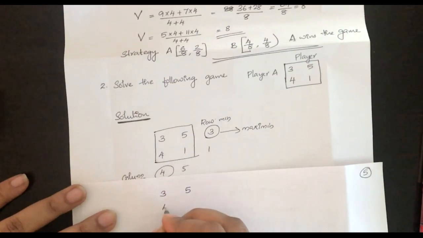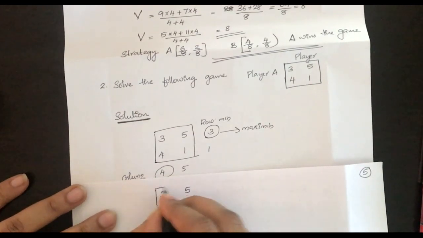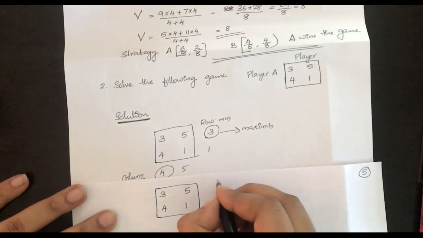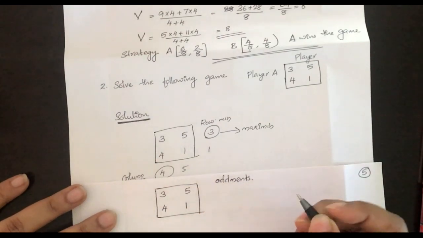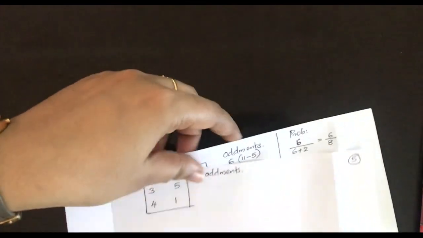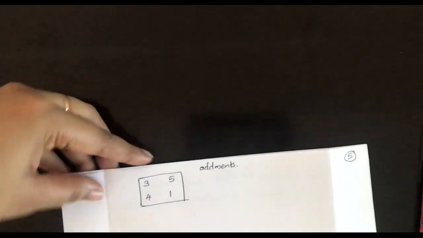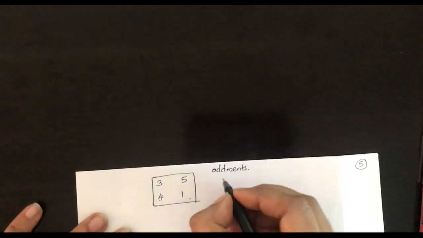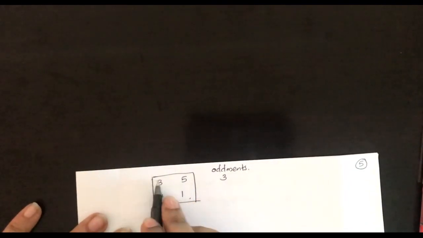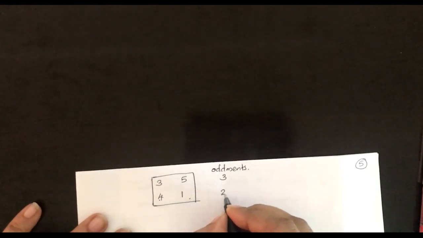3, 5, 4, 1. Next we need to find the oddments. First I am going to find out the row oddments. 4 minus 1, 3. 5 minus 3, 2.